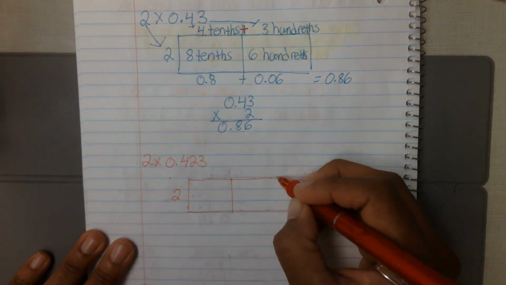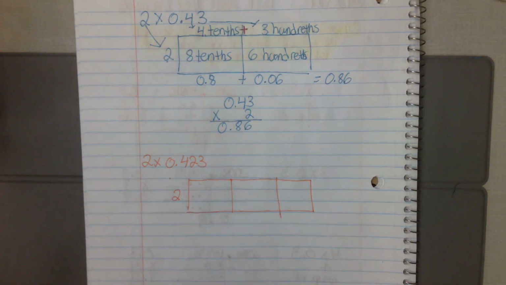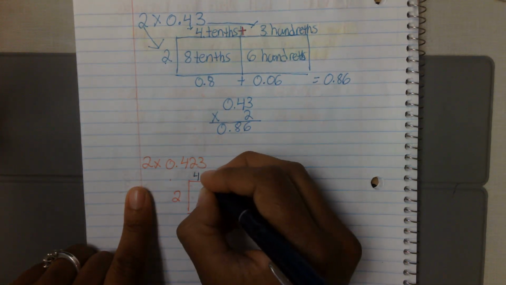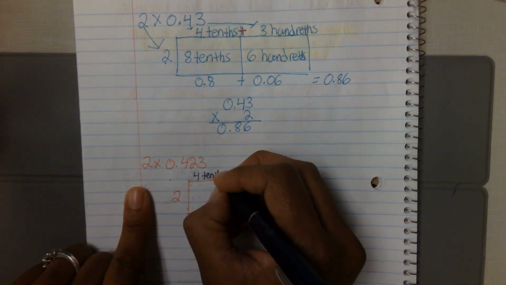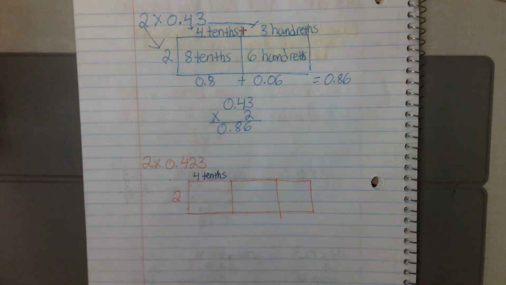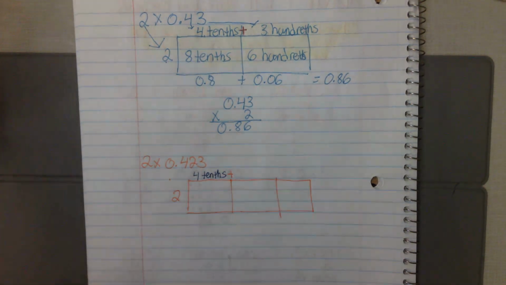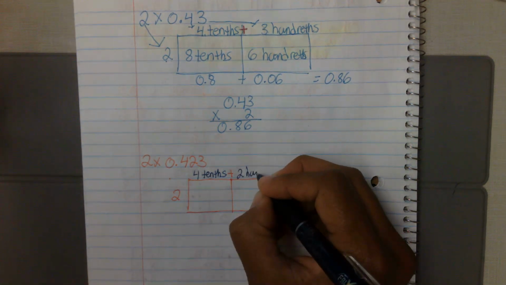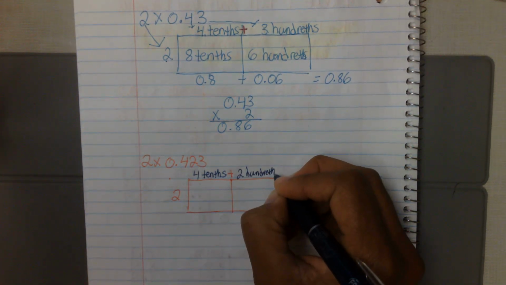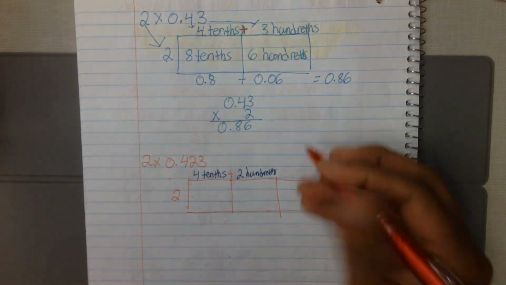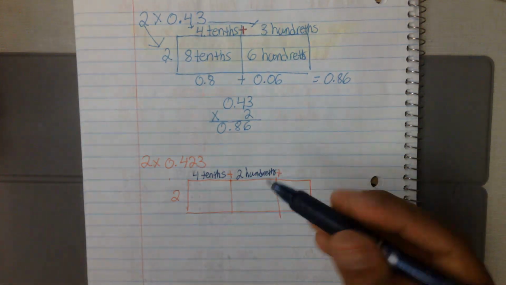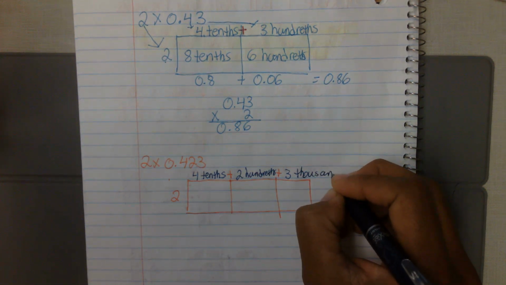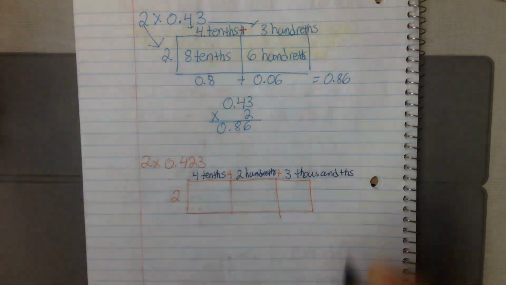I'm going to make thirds. So now this is where I'm going to place my numbers. This is my 4/10. I just start with the first place value, 4/10. Plus, how many is in my hundredths? 2. 2/100ths. Plus, I gotta squeeze my words in there, huh? 3/1000ths. It's okay if you go off to the side there.